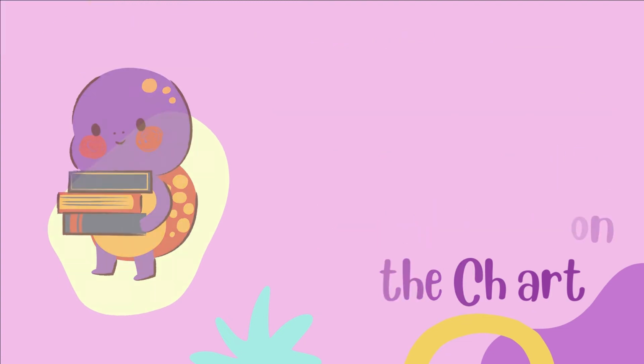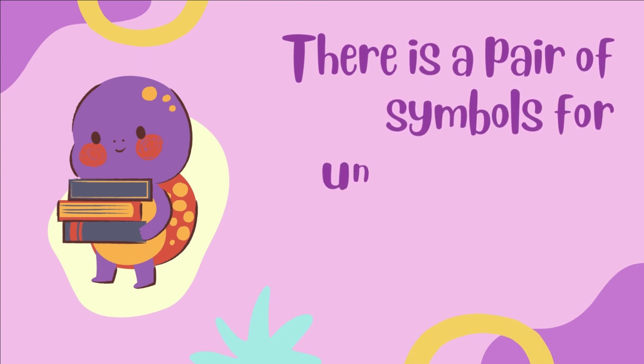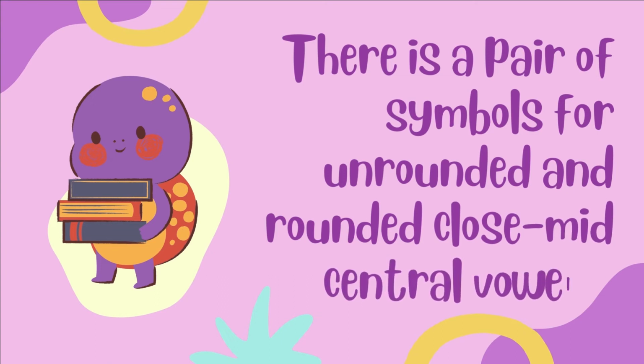There is a pair of symbols for unrounded and rounded closed mid-central vowels, and a corresponding open mid pair. The vowel schwa, often read as a schwa, lies at the middle of the vowel quadrilateral, and another lies between open mid and open. These vowels are mid-centralized from I, Y, U, respectively.